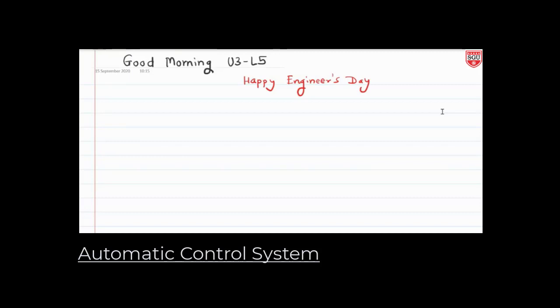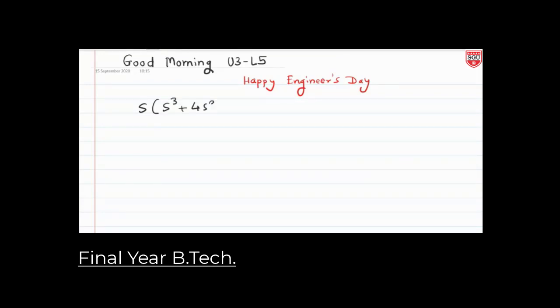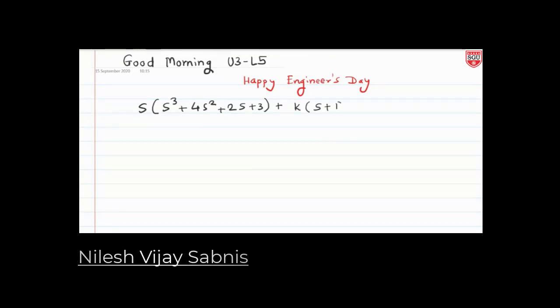So, I will write the equation for which we have to find the range of value of k, as we have done last time. What is the equation? The equation is s into bracket s cube plus 4s square plus 2s plus 3, plus k into s plus 1, which is equal to 0.